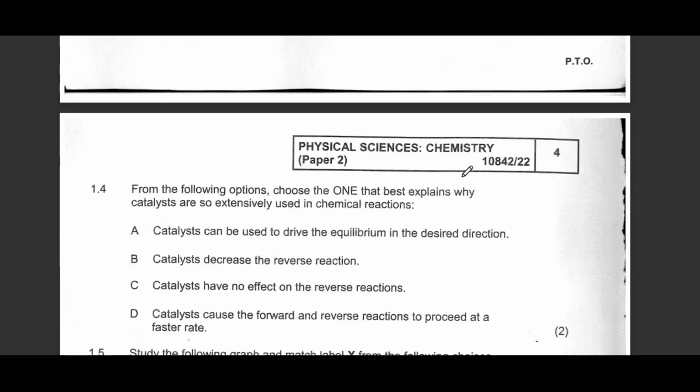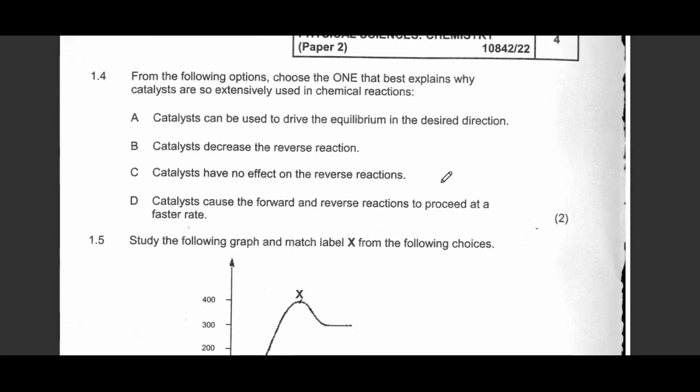Now when you go to another question, question 4, they are saying the following option, choose one that best explains. You see, it can explain, but they want the one which best explains why catalysts are extensively used in chemical reactions. Catalysts can be used to derive equilibrium in a desirable direction.